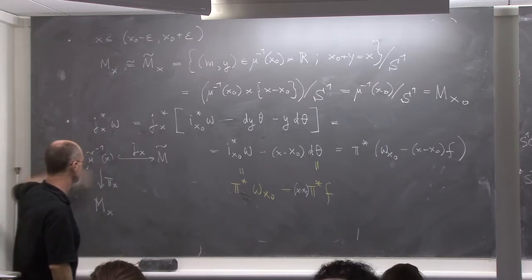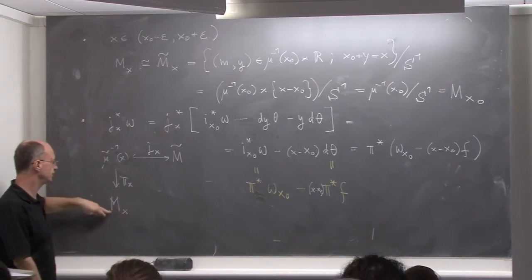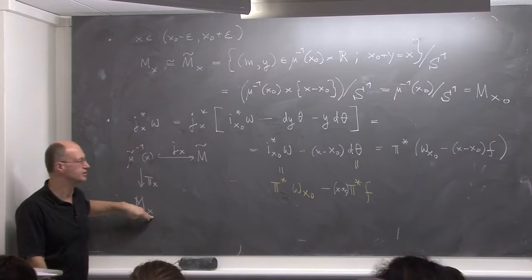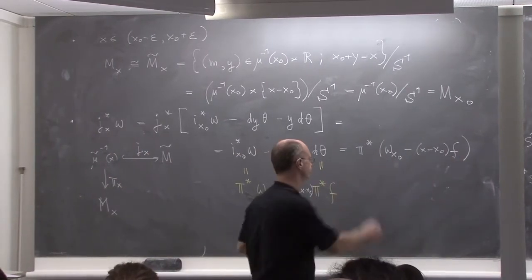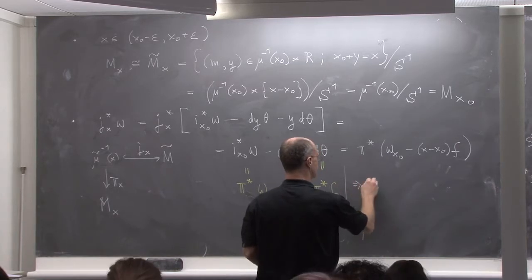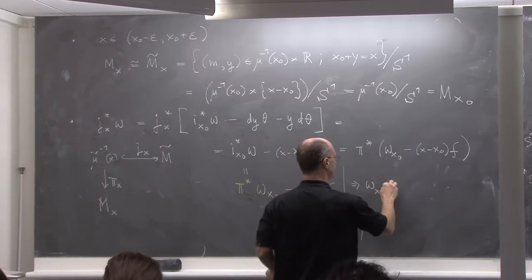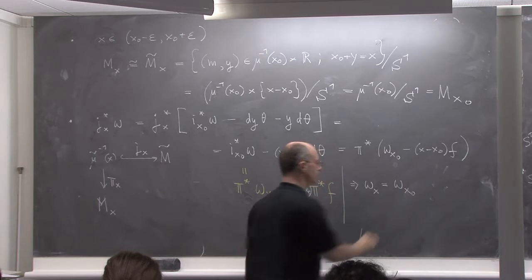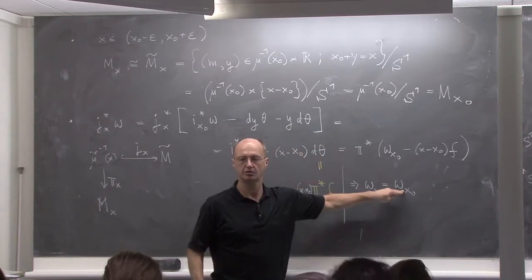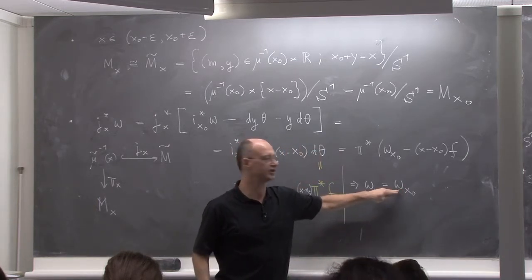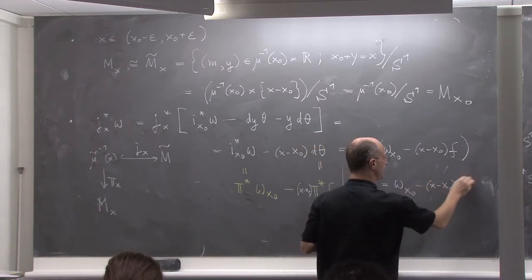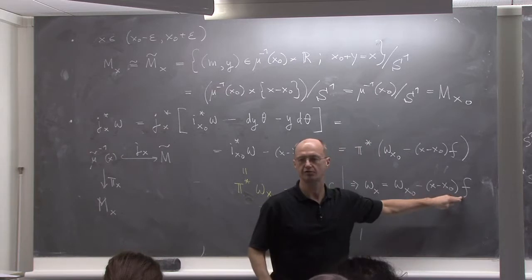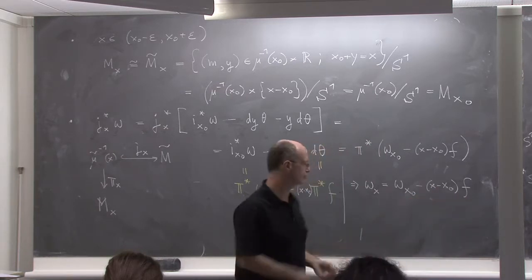Well, so we would like to read from it the two form on the reduced space. Well, we can read it. Right? Here it is. So the two form on the reduced space is the two form on the reduced space at our chosen level minus this linear function x minus x0 times the curvature two form.